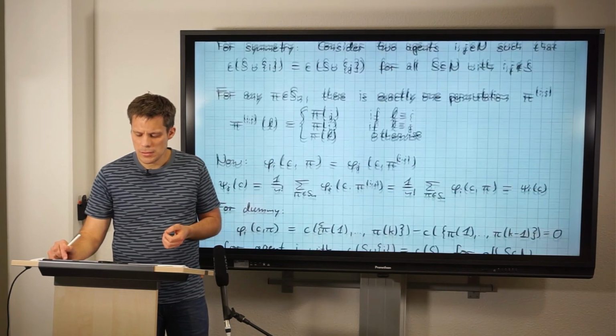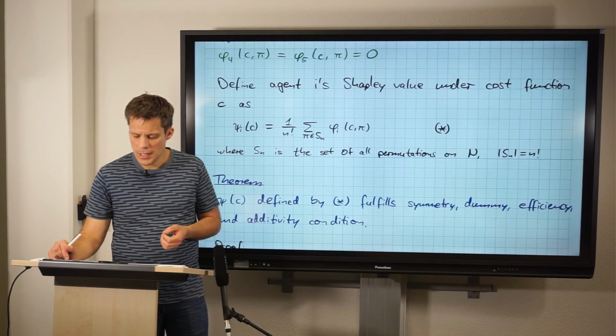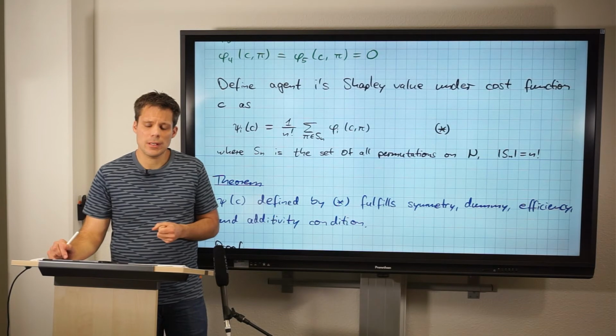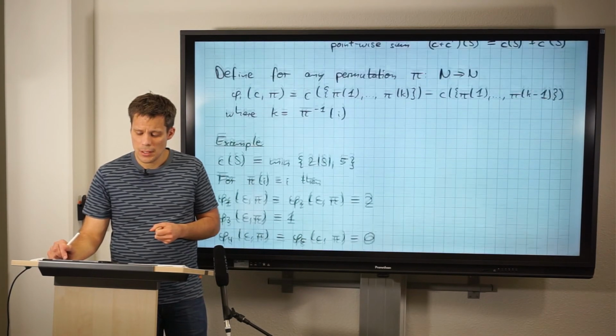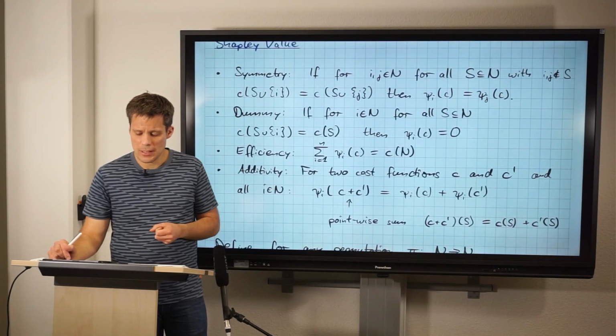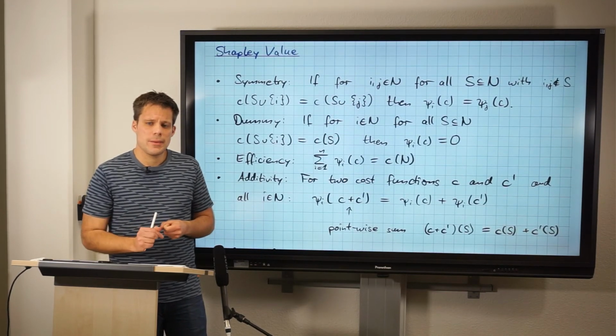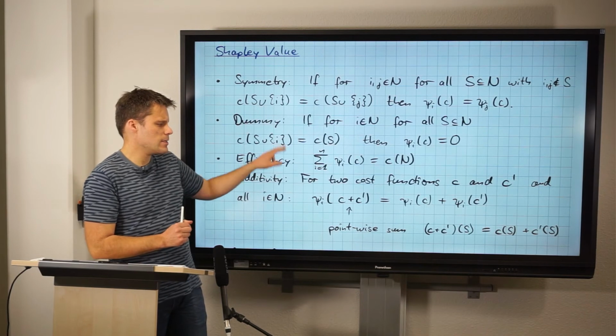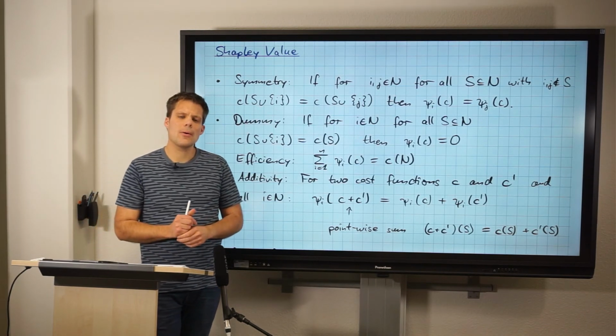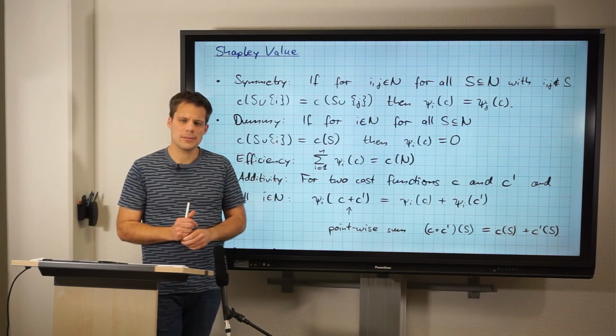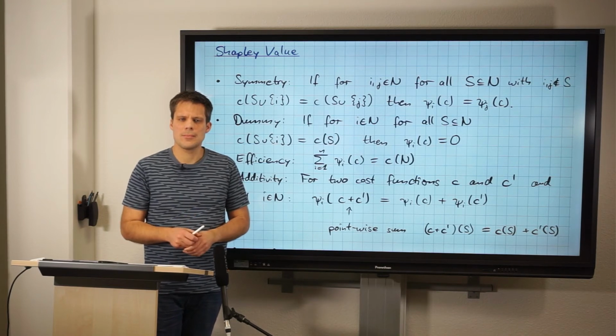We now found this way of defining the Shapley value, but could we have done it in a different way? The point is, no, we could not. The way of defining the Shapley value is actually the unique way that all of these properties are fulfilled. And this is still remaining for us to be proved.